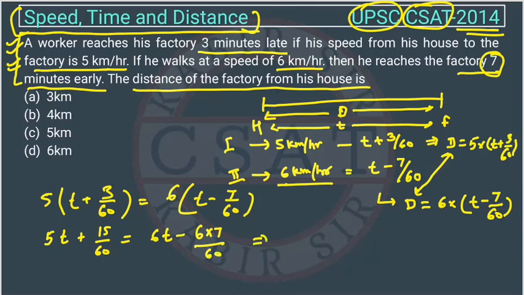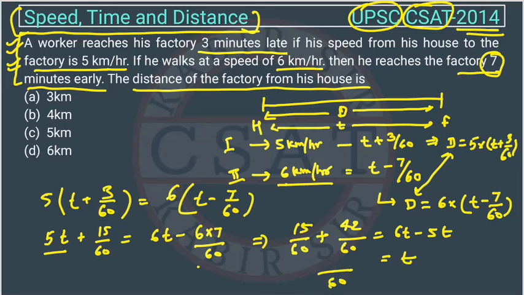We take 5T to this side and bring the constant to the other side, so 15 upon 60 plus 42 upon 60 is equal to 6T minus 5T, which is T. With 60 as the LCM, this is 57 upon 60. This is the correct time, in hours.